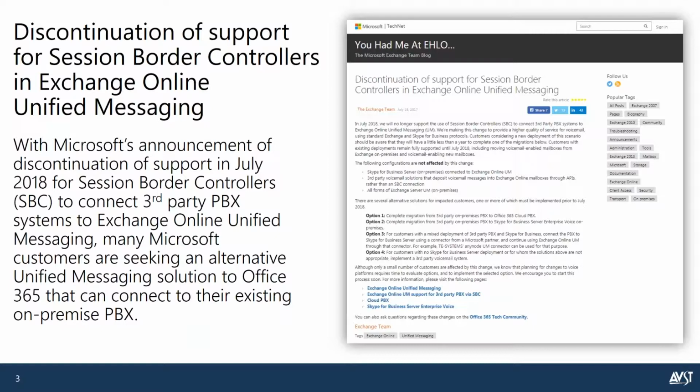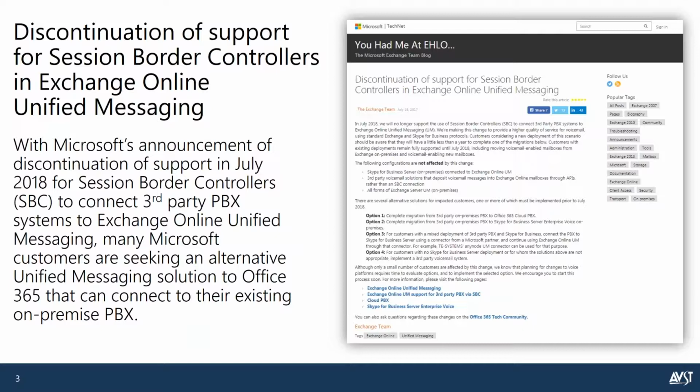Those of you that have been following this know, about a month ago, Microsoft surprised a lot of people by saying they were discontinuing support for those customers who maintained their own PBX in their enterprise but had started to use Exchange Online through Office 365 for their voicemail unified messaging system.